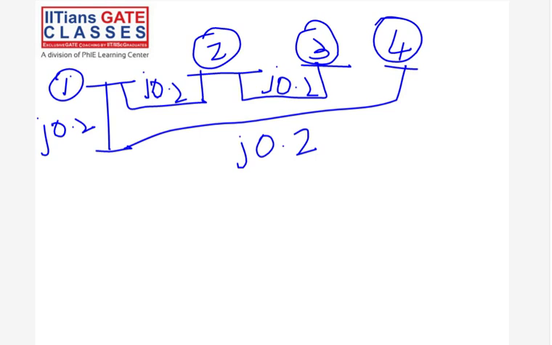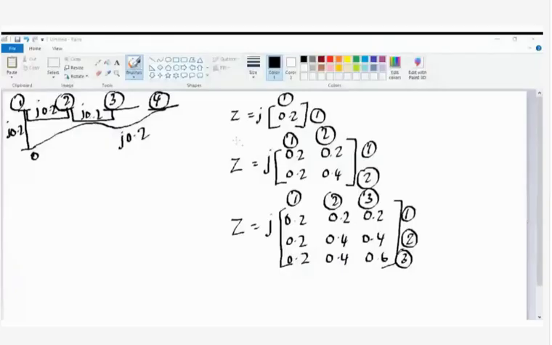Okay, good. So let me just show you how the solution will go. Basically, I added the first element j0.2, then I added element number 2.